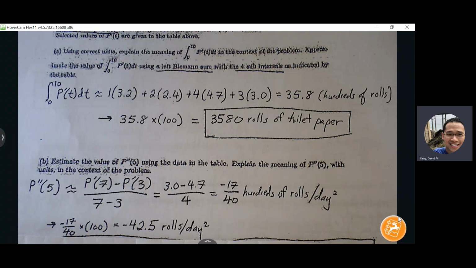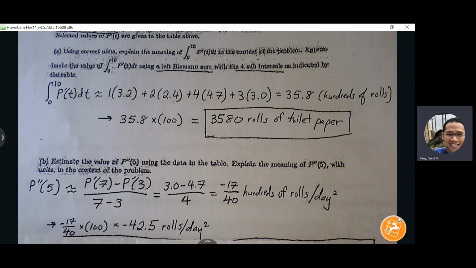To make it cleaner to understand, we can multiply that by 100, which is negative 42.5. We know that when we take the derivative of a rate, we're going to add another unit to the denominator. So rolls per day, so rolls per day squared.